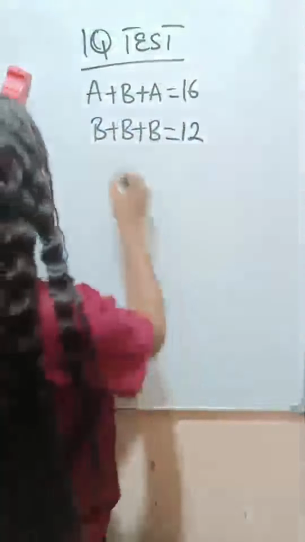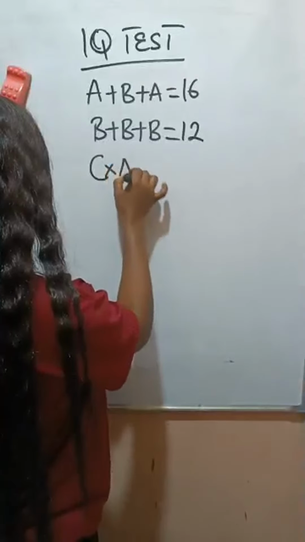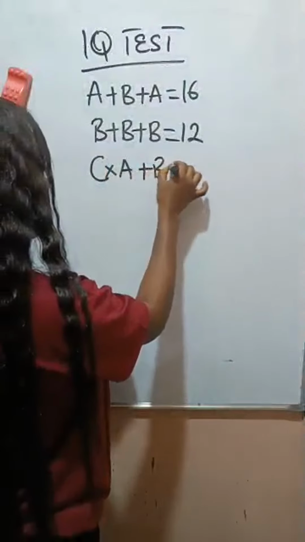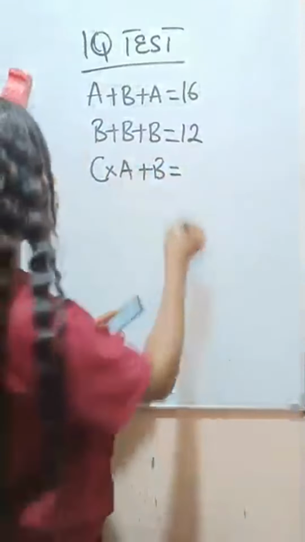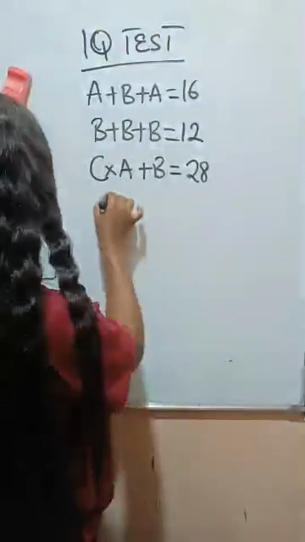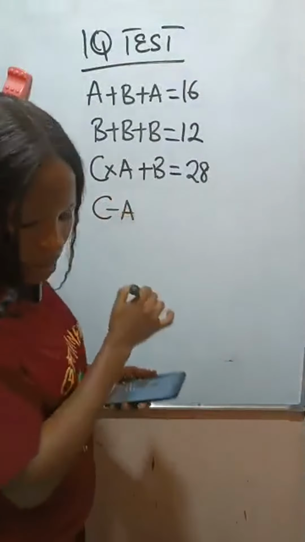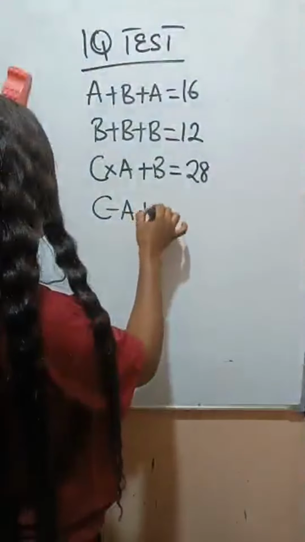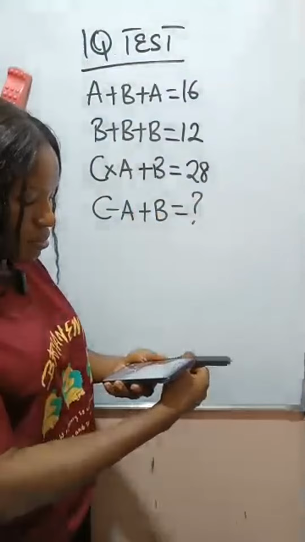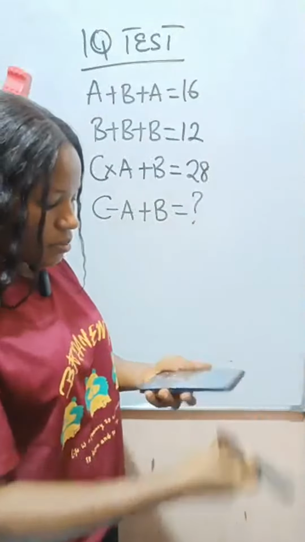Then we have c multiplied by a plus b is equal to 28. So we are asked to find c minus a plus b is equal to what?